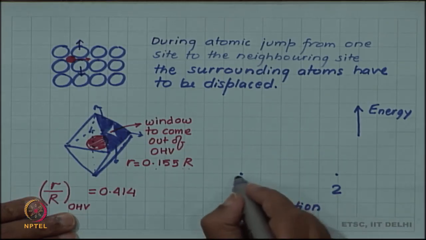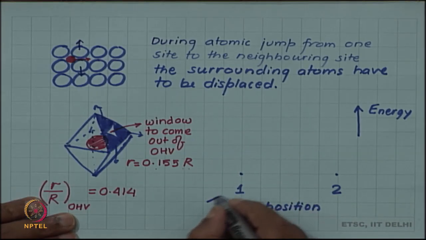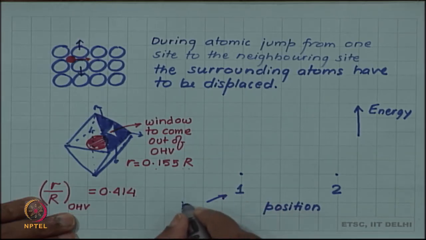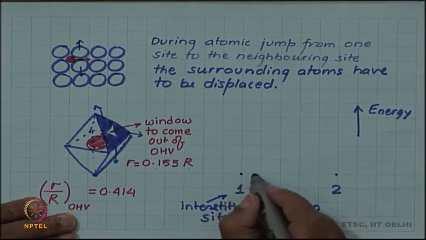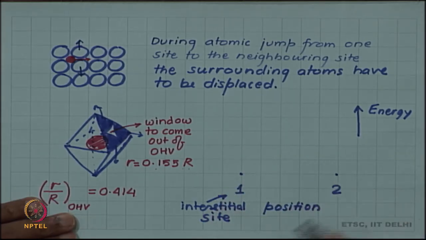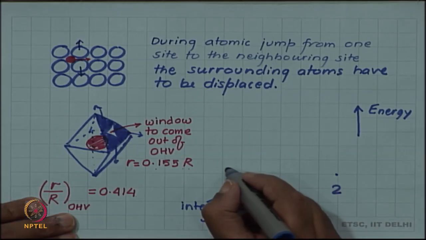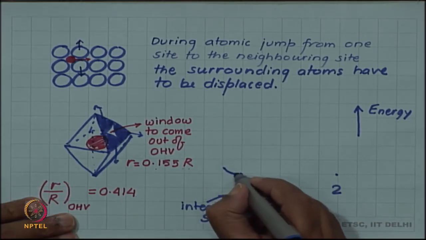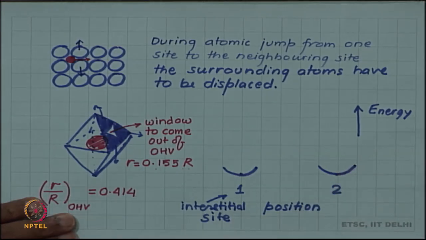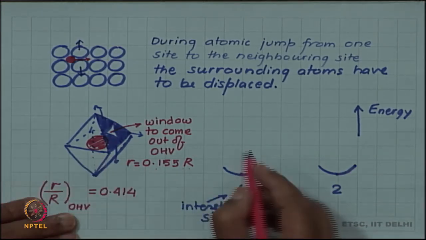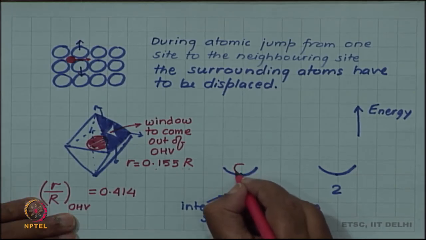So, I am drawing now the location of interstitial sites, and we are saying that an atom from one interstitial site will jump to the neighboring site. In terms of energy, both these sites are local minima for the interstitial atom. So, the interstitial atom can sit happily either on site 1 or on site 2.